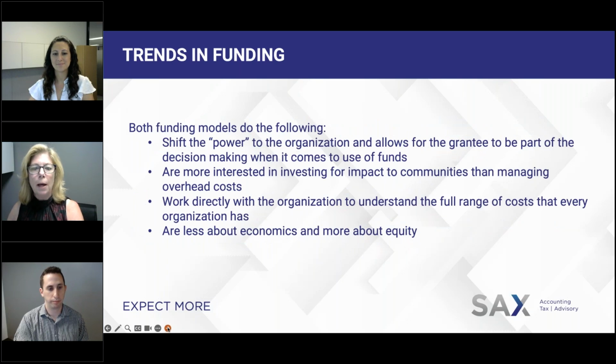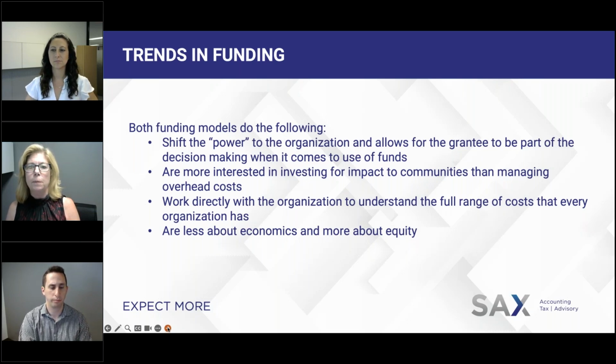Both of these funding models shift the power to the organization, and allow the grantee to be part of the decision-making process. The funders are more interested in funding for impact to communities than just managing overhead costs. They work directly with the organization to understand the full range of costs that every organization has.